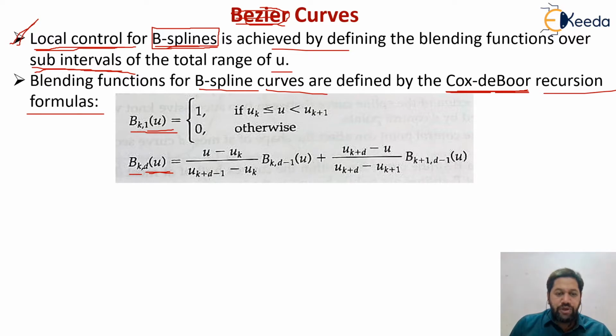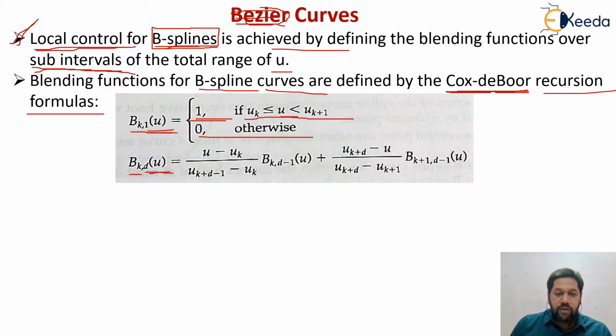The value of B_{k,1}(u) will be 1 if u is in the range u_k to u_{k+1}; otherwise it is set to 0. Now, how do I calculate the B-spline blending function B_{k,d}(u)? The value of d is from a minimum of 2 to a maximum of n plus 1.